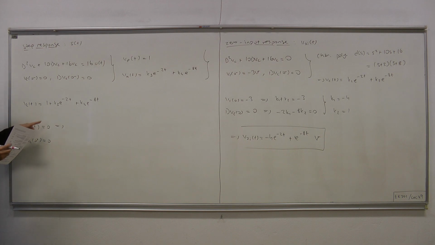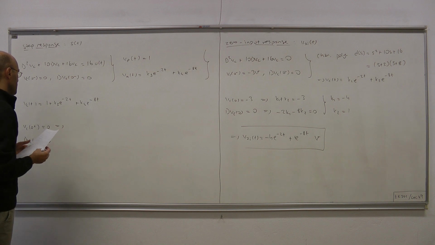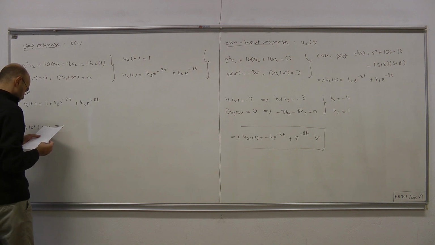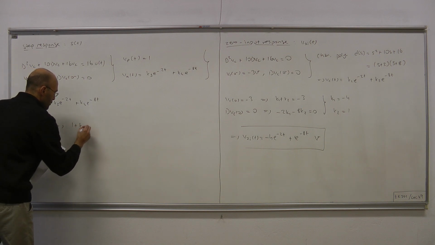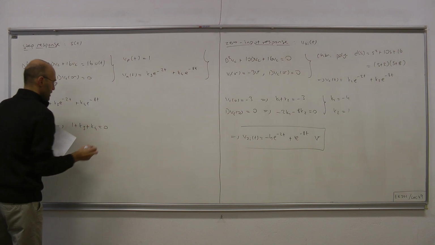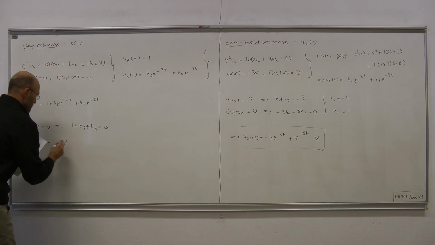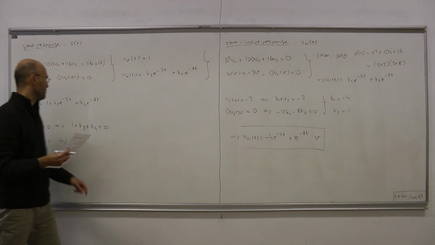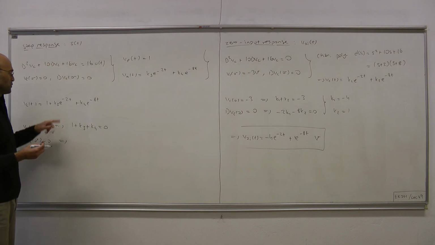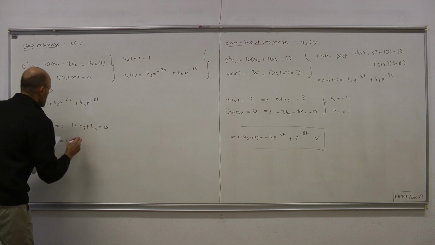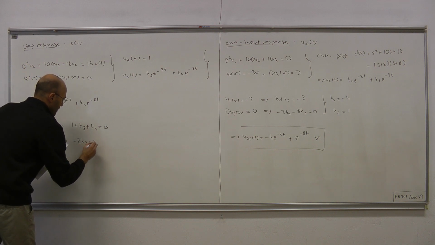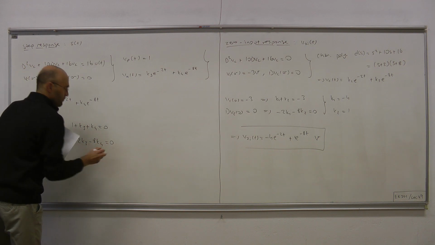Now, plug in t equals 0 and equate that to 0. So that yields 1 plus K3 plus K4 equals 0. And then differentiate, and then plug in t equals 0, and that yields minus 2 K3 minus 8 K4 equals 0.